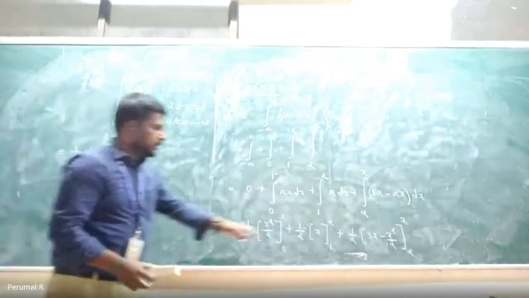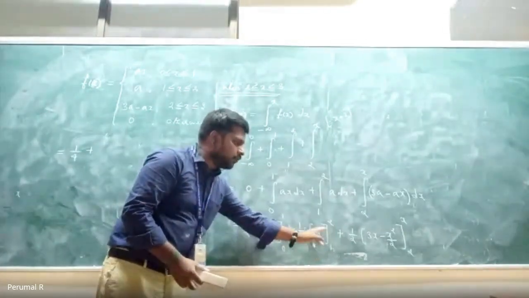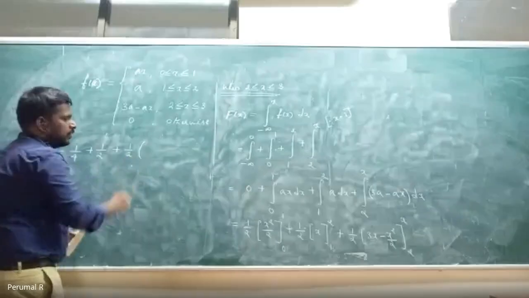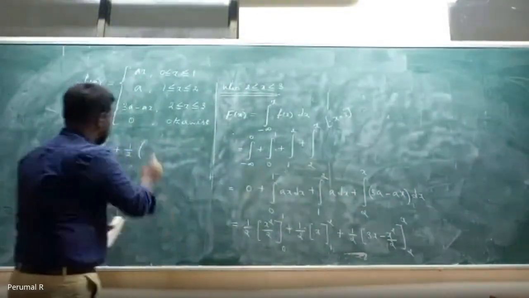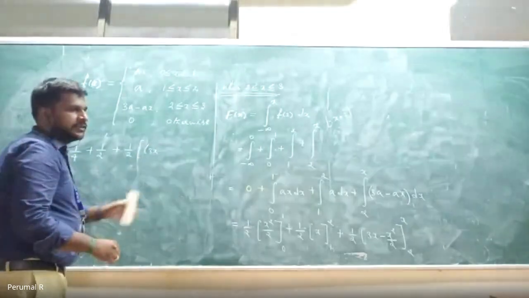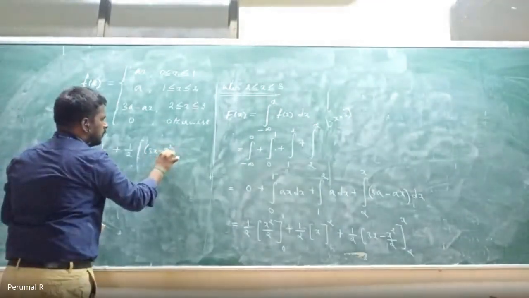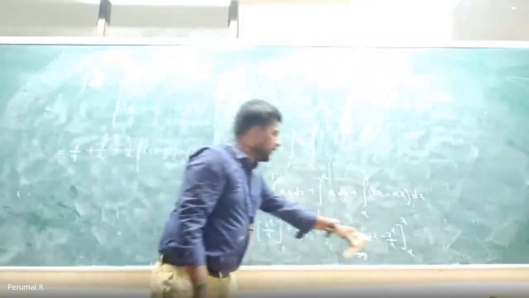Here 2 minus 1, upper limit 2, lower limit 1, 2 minus 1 means 1, that becomes 1 by 2. So here 1 by 2. Now substituting your upper limit, it is the same: you can replace x by x, 3x minus x squared by 2. What is your lower limit? Lower limit becomes, you can replace 2.